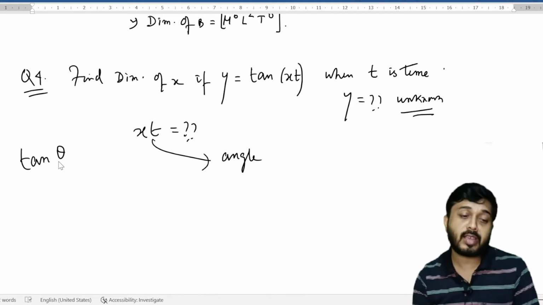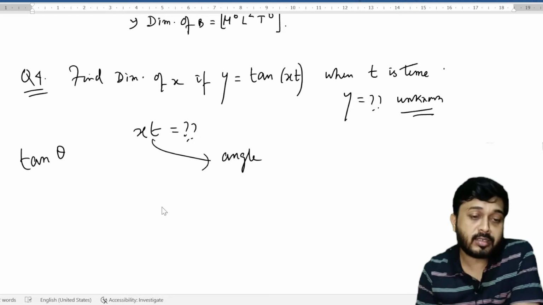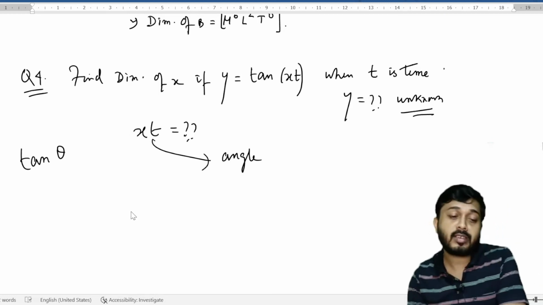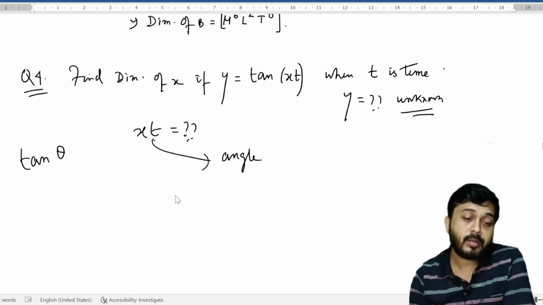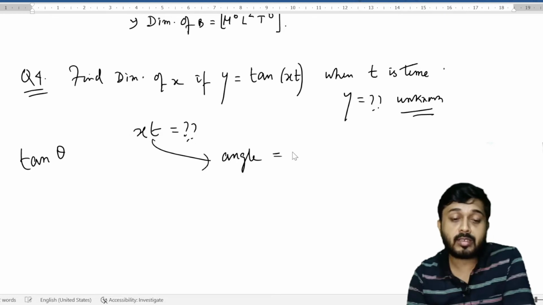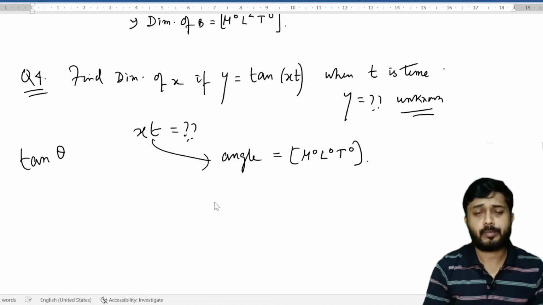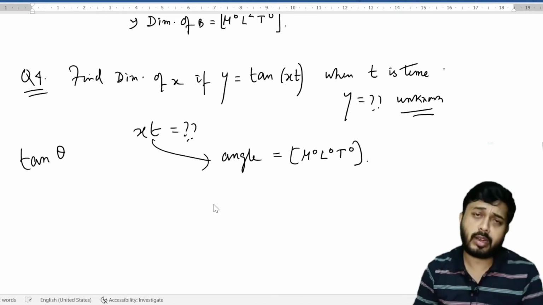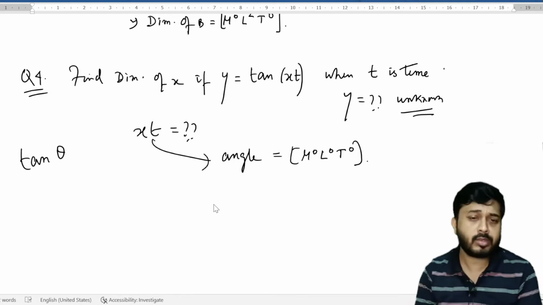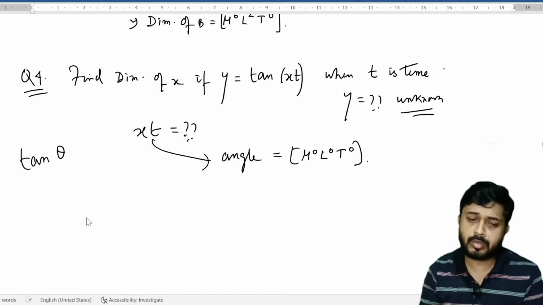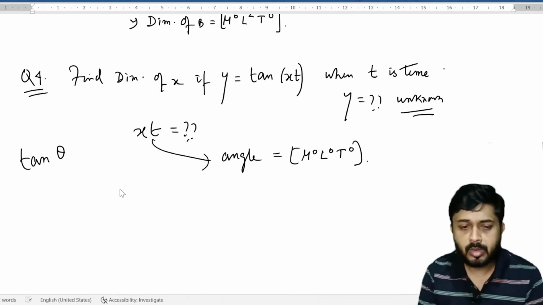So angle is necessarily a dimensionless thing. So we can write that the dimension of angle is equal to M to the power 0, L to the power 0 and T to the power 0, isn't it? Because that is a way of writing the dimensional formula of something which is dimensionless.